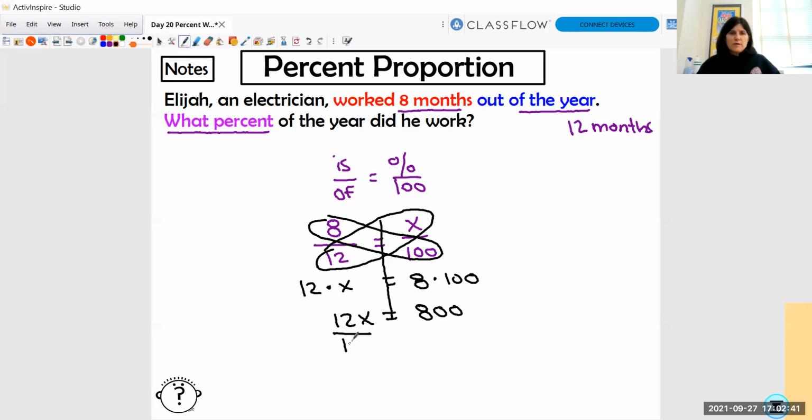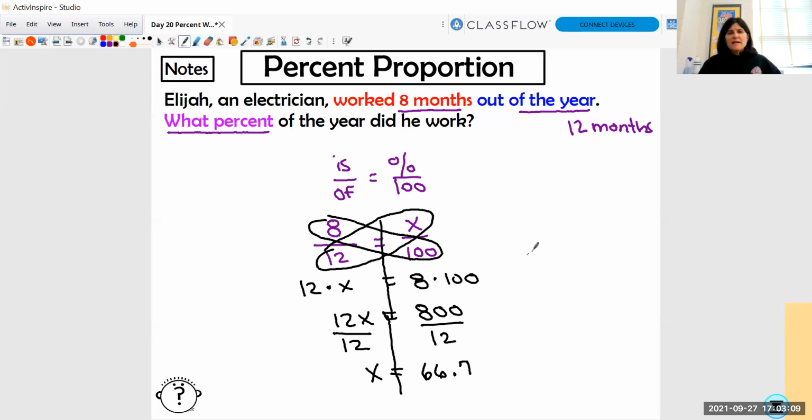So divide by 12, divide by 12, and X equals... use your calculators. You end up with 66 point, and then it's a repeating decimal, repeating sixes. So we're just going to round that to 67.